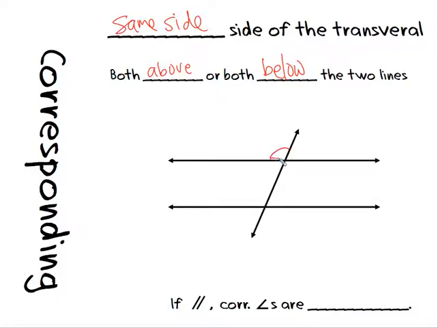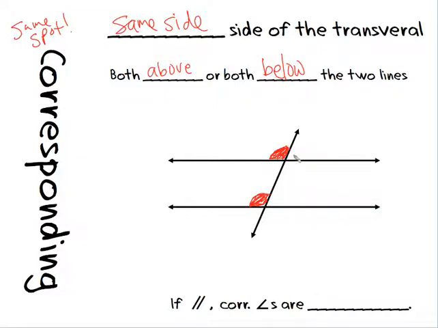So like this right here. That is above the line. So we go down here, above the line, same side of the transversal would be right here. They're in the same spot. I'll write that over here. This one is in the same spot as this one is down here.